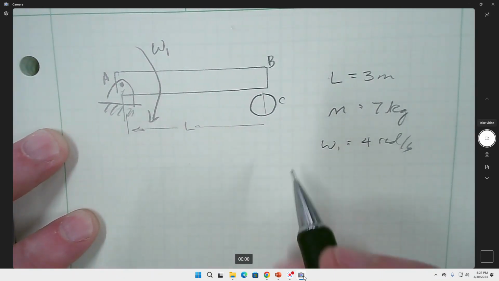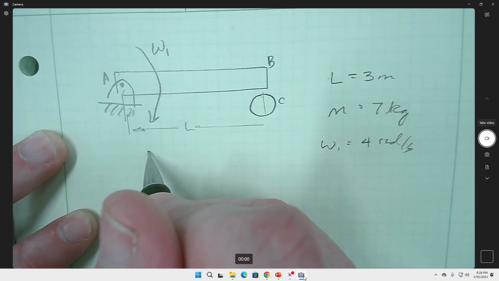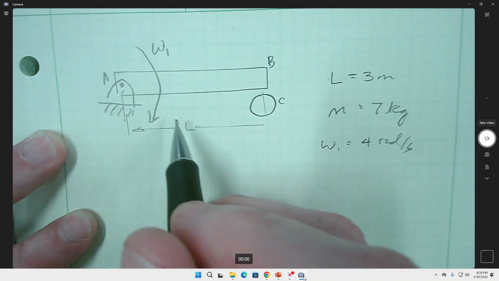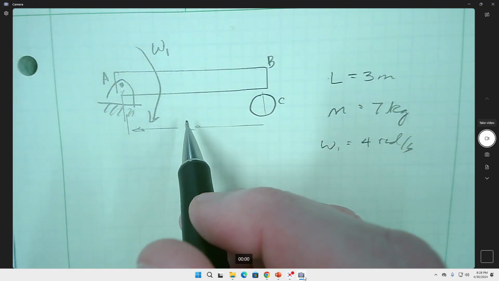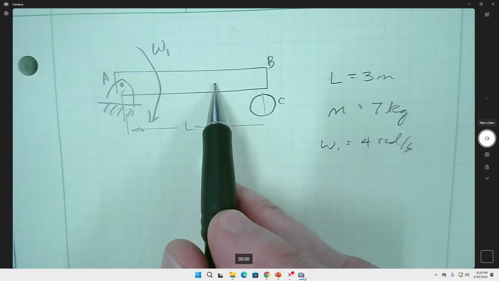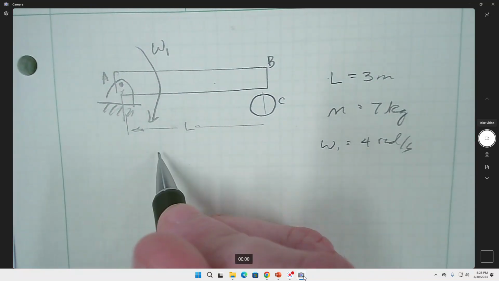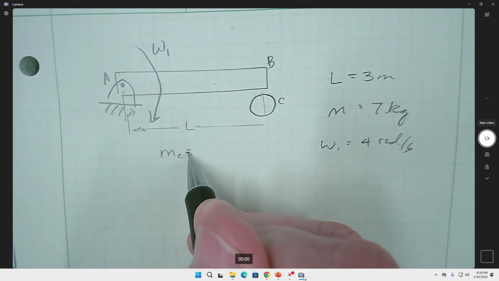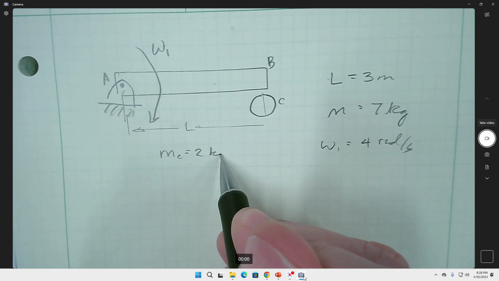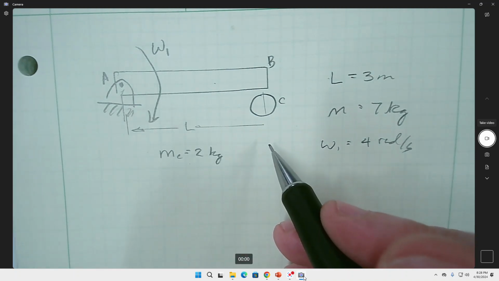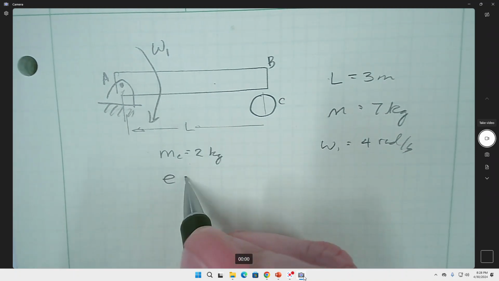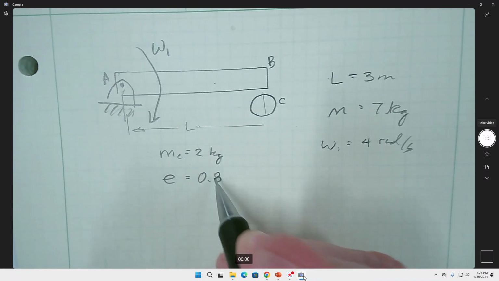All right, so elastic, let's see, mass of what? Mass of this thing is 7 kilograms. The mass of the ball, MC, is going to be 2 kilograms, and it's at rest, and the coefficient of restitution here is 0.8.